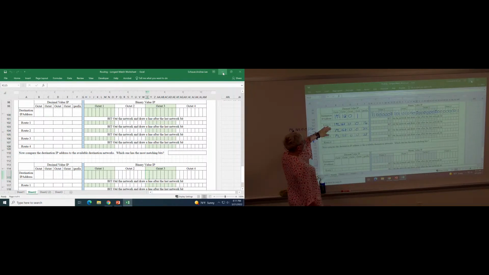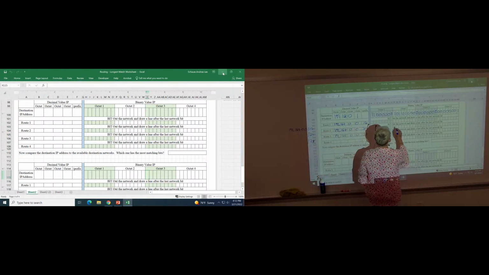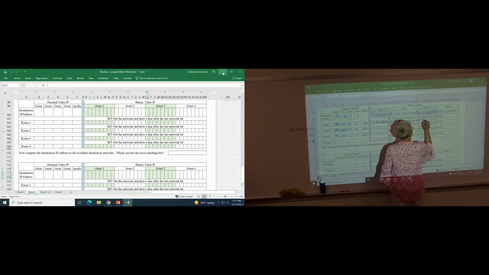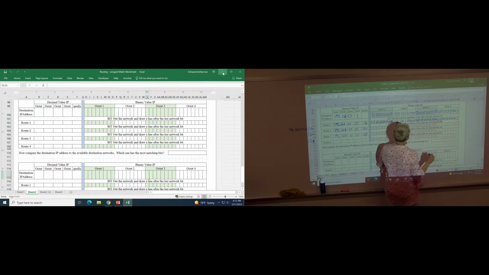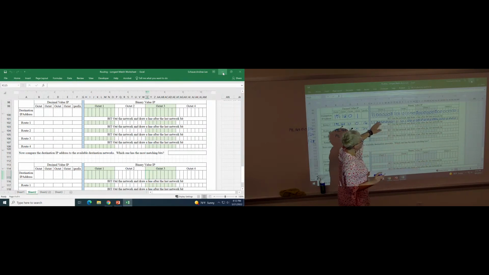So for this first route, how many bits can I compare to my destination? 16. Yeah, just 16, right? So that means I'm going to compare octet 1 and octet 2, right?